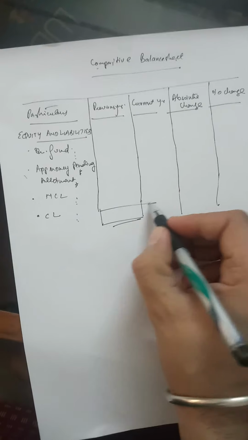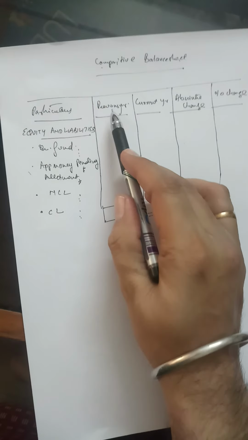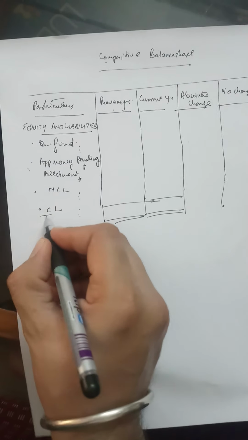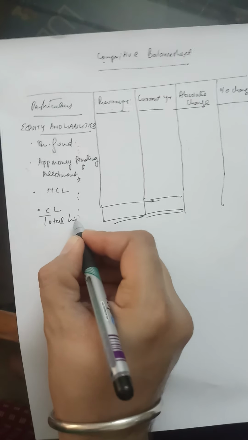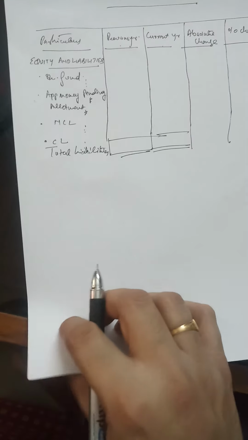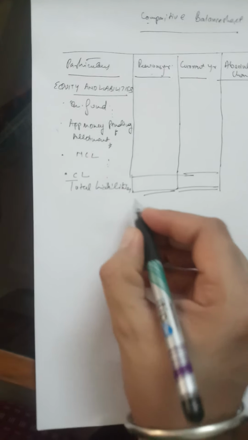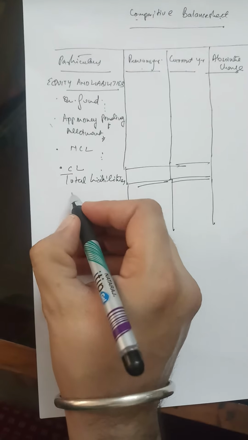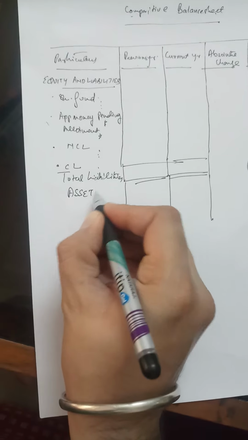This is the total. You have to total only 2 columns, previous year and current year, right? This is total liabilities, right? Then there is head of assets.